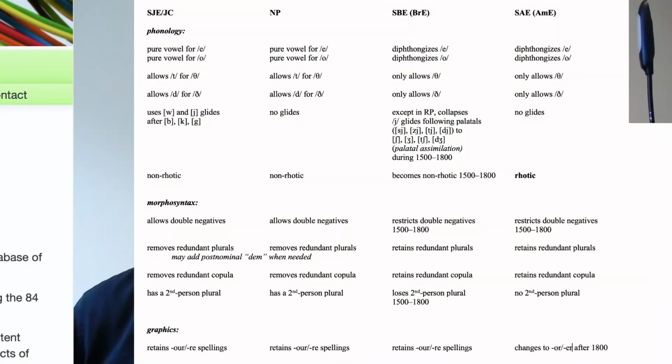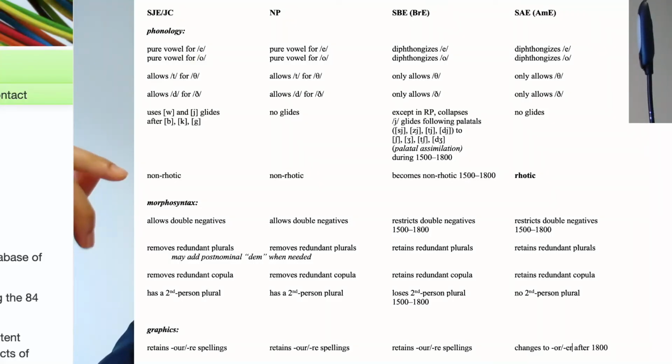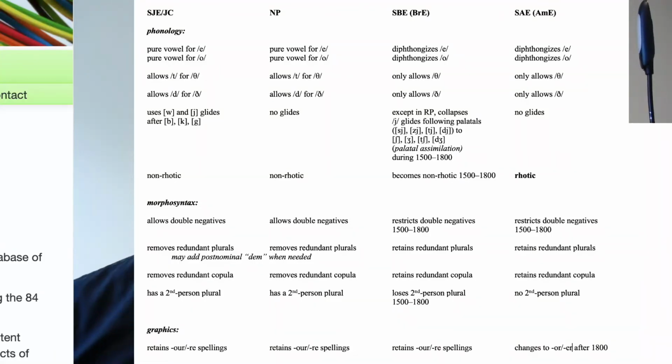But you'll remember here in this chart, I lined up those two standards against Jamaican Englishes and Nigerian Englishes, both of which also have their roots in the early modern period, though they have continued, like standard Englishes, to develop since then.